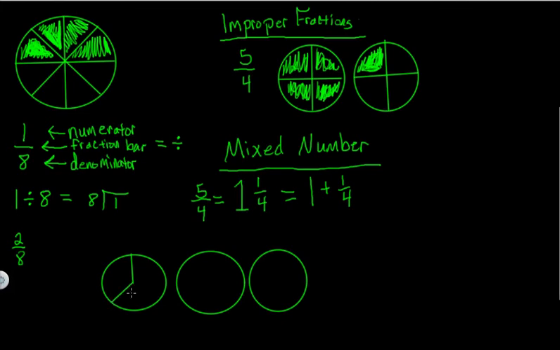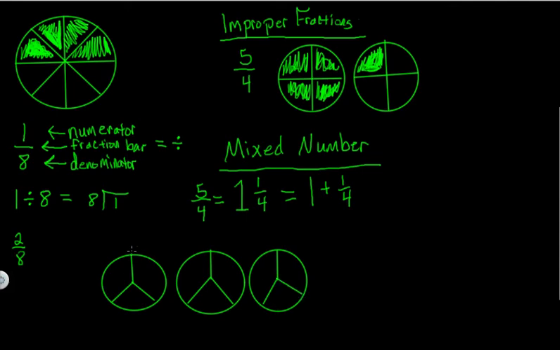Looks kind of like the old school peace sign, something like that. So we're going to divide each of these pies that we're pretending are the same size exactly into thirds. And then I'm going to shade a certain number of my thirds in order to represent a mixed number and an improper fraction.